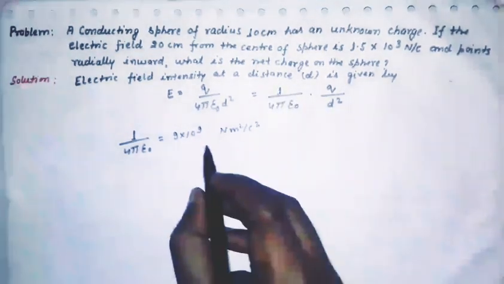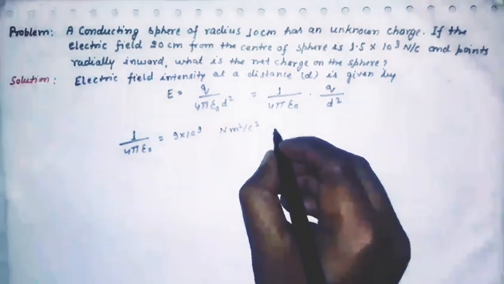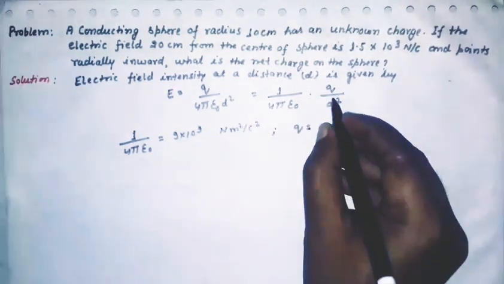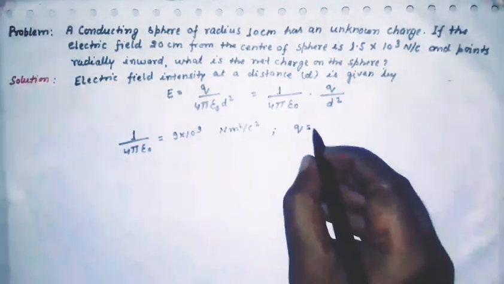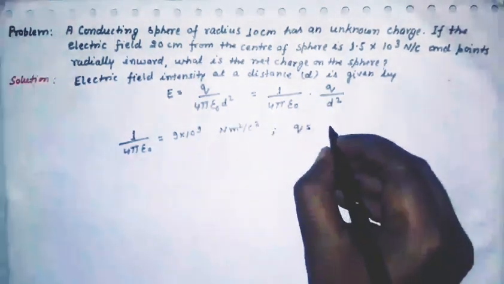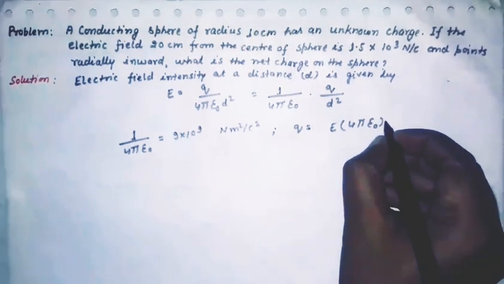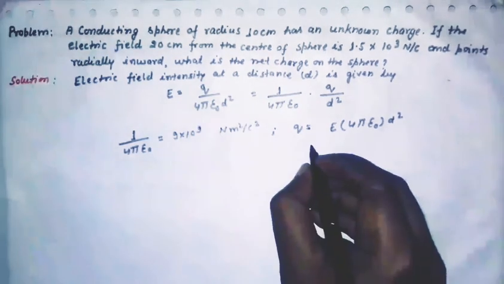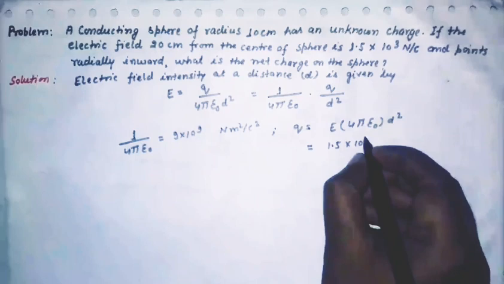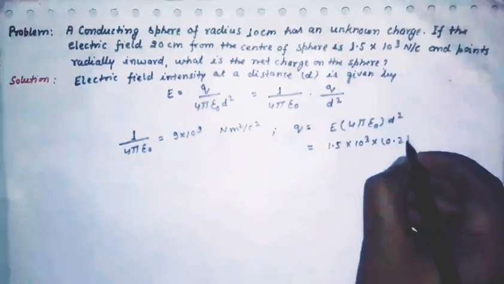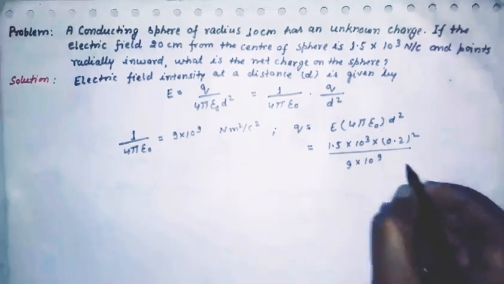This is already solved, and this value is 9 into 10 to the power 9, and Q equal to E into D square upon 9 into 10 to the power 9. So this will be 1.5 into 10 to the power 3 into 0.2 square on 9 into 10 to the power 9.